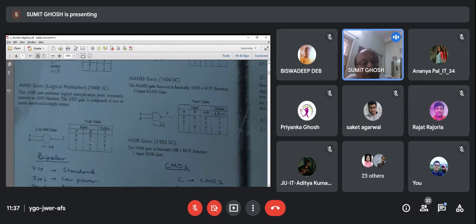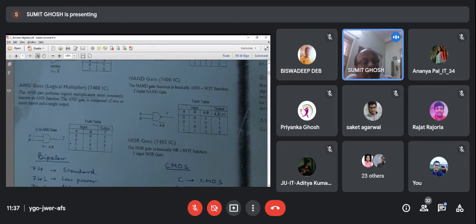So there are various ways you can say this. Output is true, or high, or 1 when both inputs are 1. That is the AND gate.